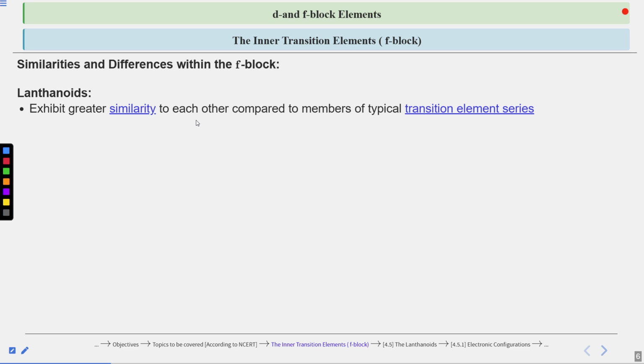They possess one stable oxidation state. If you remember, in the transition element series they have different oxidation states, but lanthanoids possess only one stable oxidation state.